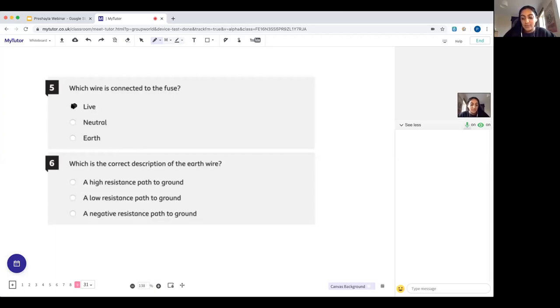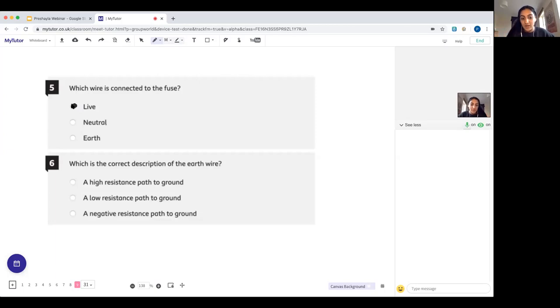So if we remember the definition of the earth wire, the function of the earth wire is to allow a current fault to fall to ground. Okay, so it takes it away from the socket and pushes it to the ground so it doesn't go into your body. And that path needs to have a very, very low resistance.